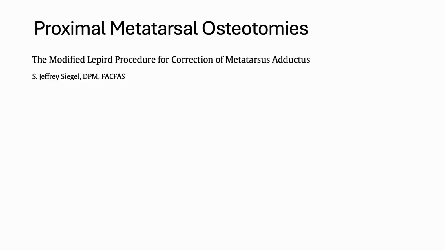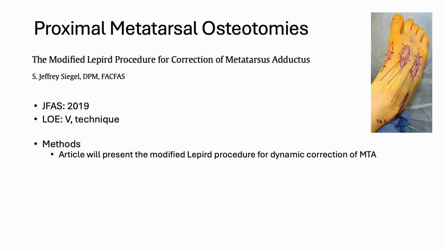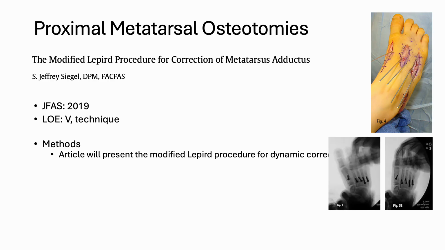But Siegel created a JFAS article for a technique for his Lapierre osteotomies, level 5 study methods. There's really basically just showing how he does his metatarsus adductus correction. And he did first metatarsal, second metatarsal, third metatarsal, and sometimes fourth and fifth metatarsal osteotomies if needed. And again, this is kind of what he did.